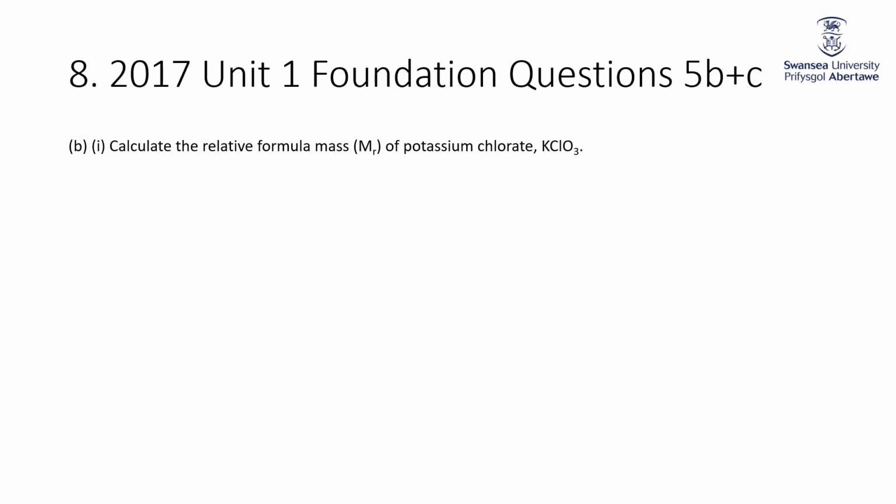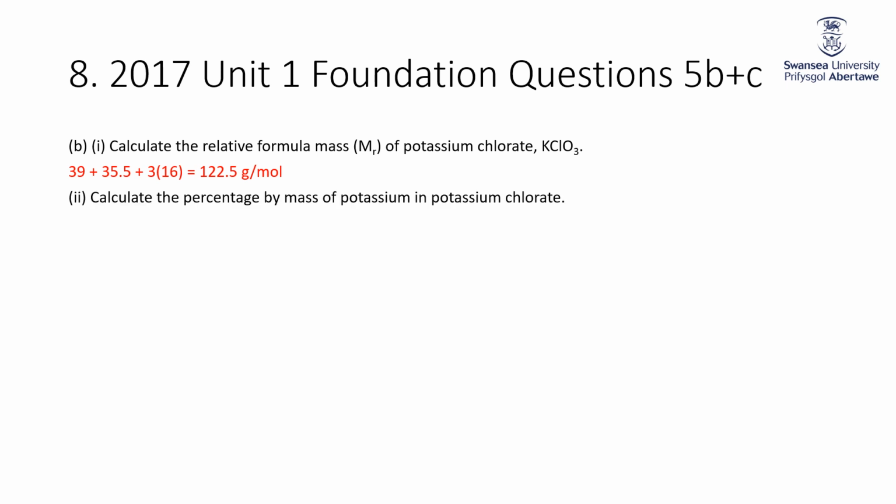Next is question 8. So question 8 asks us to calculate the relative formula mass, Mr, of potassium chlorate, KClO3. So we have 39, which is Ar for potassium, 35.5, which is chlorine, and 3 times 16 for oxygen to give us 122.5 grams per mole.